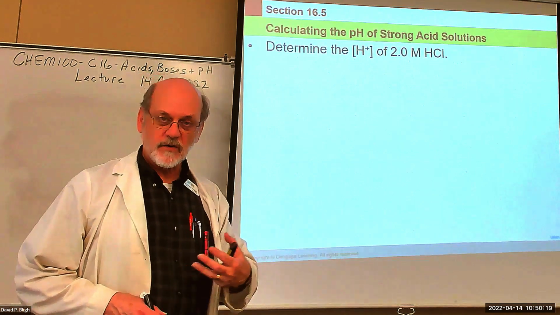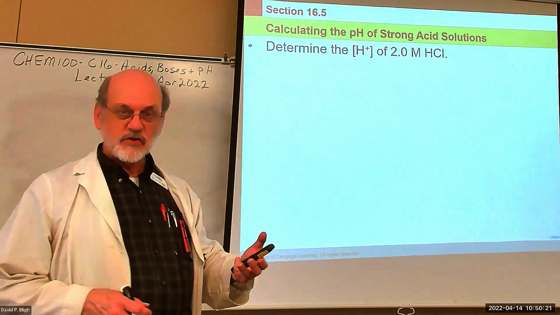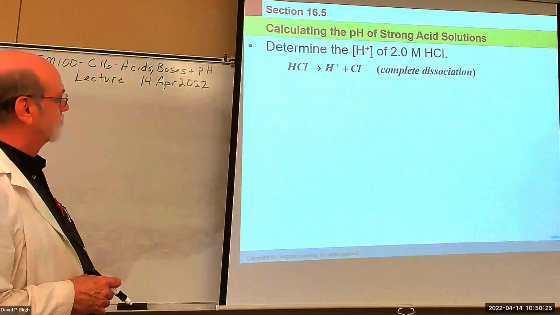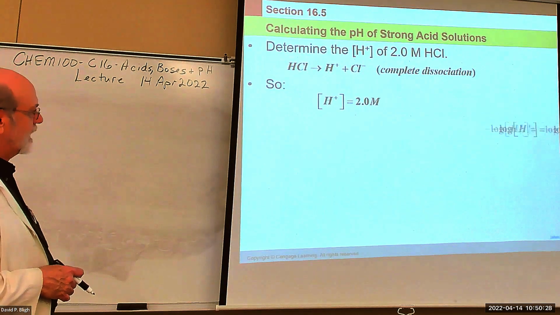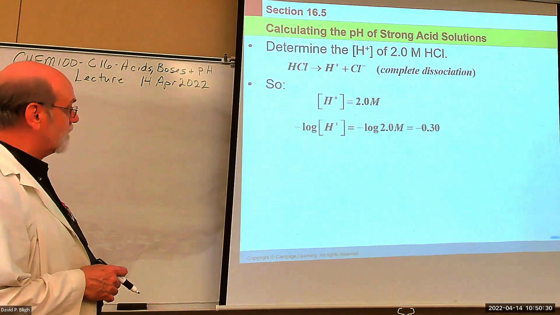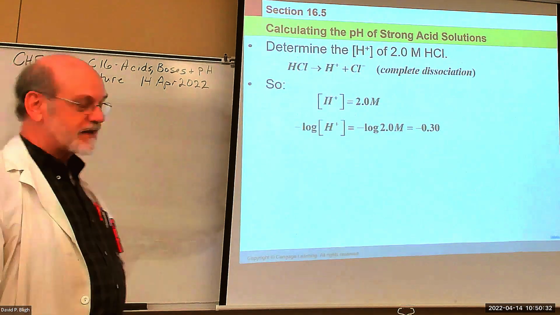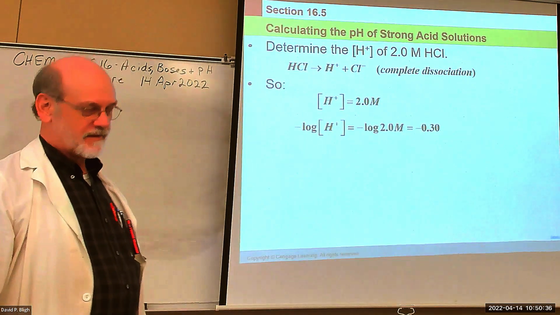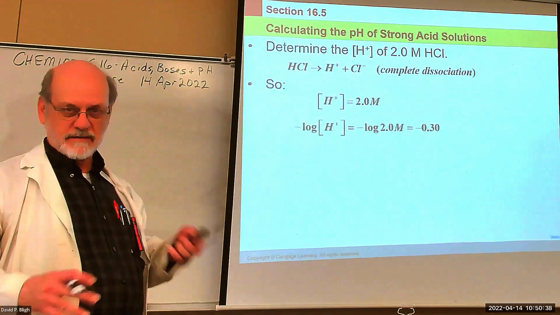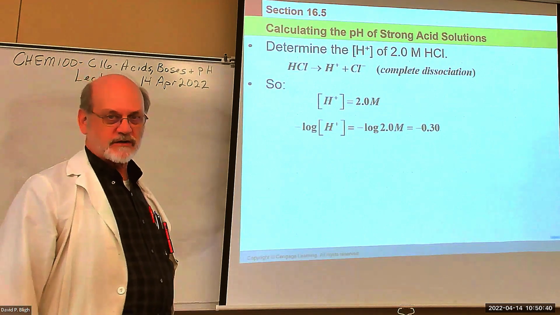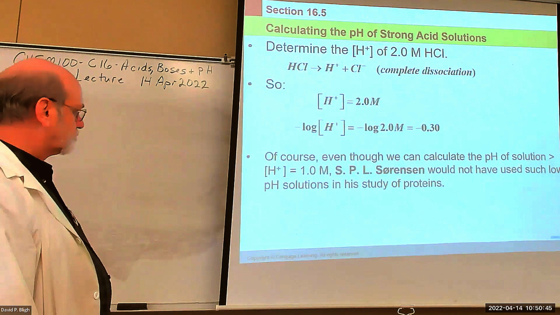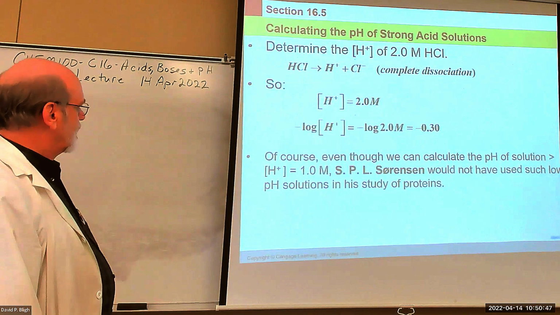So the concentration is going to be 2 molar hydrogen ions. And then all you have to do is take the negative log of that value, and you get a negative 0.3. There's your negative again. It's simply an artifact of the transformation, the expression of pH.